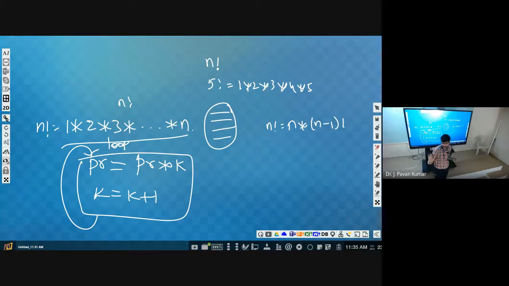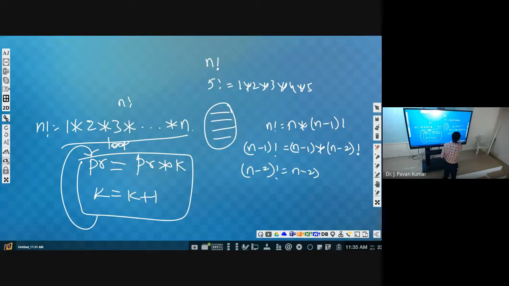This is known to you, right? Now, how will we calculate n minus 1 factorial? It is n minus 1 into n minus 2 factorial. Next, n minus 2 factorial can also be written in the same way: n minus 2 into n minus 3 factorial.